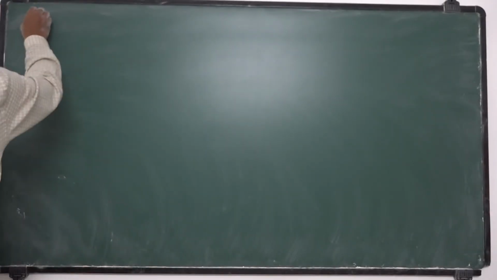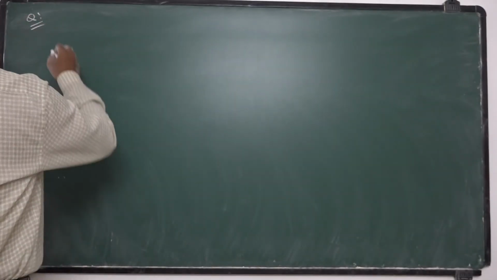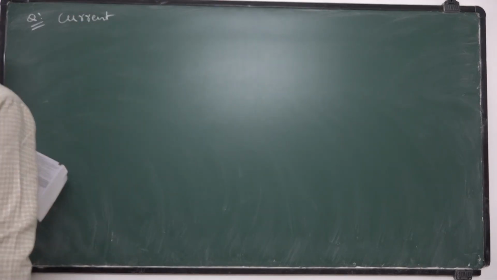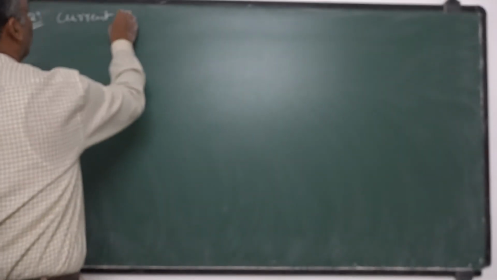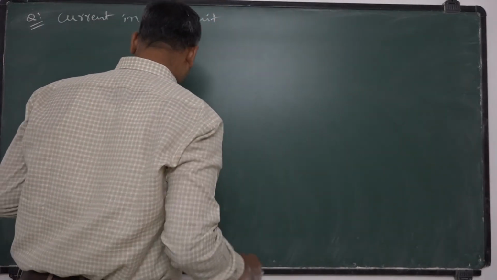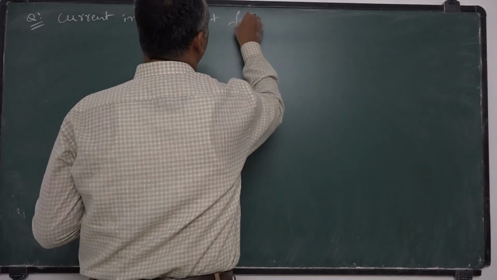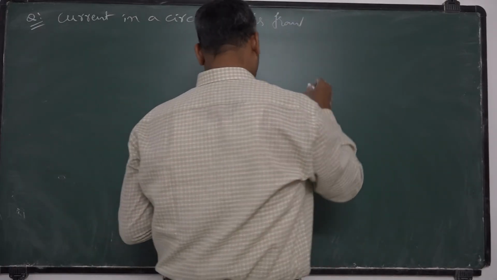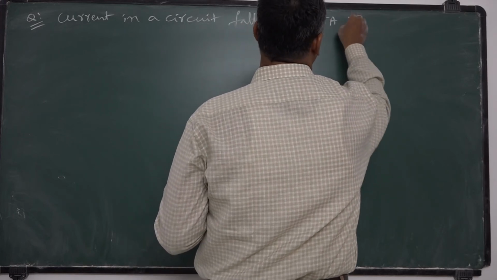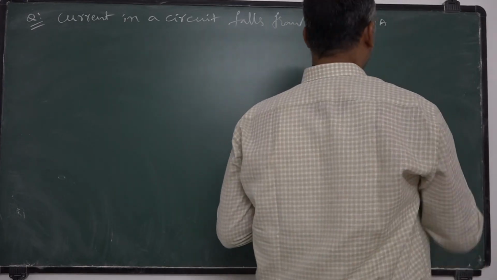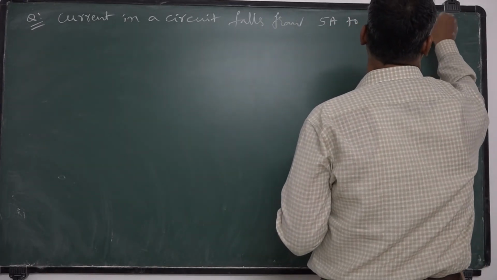Let us see one problem. Current in a circuit falls from 5 amperes to 0 ampere in 0.1 seconds.